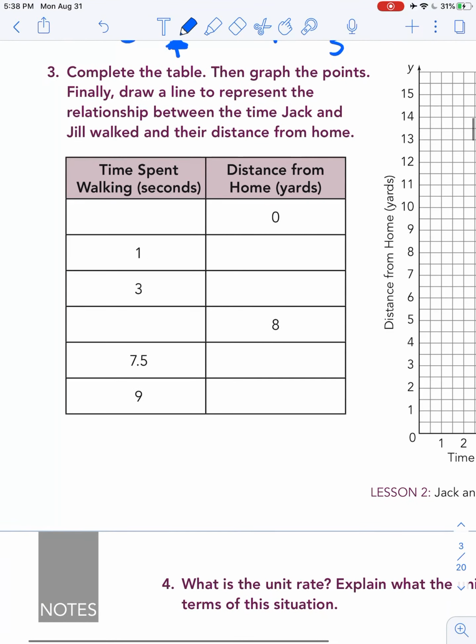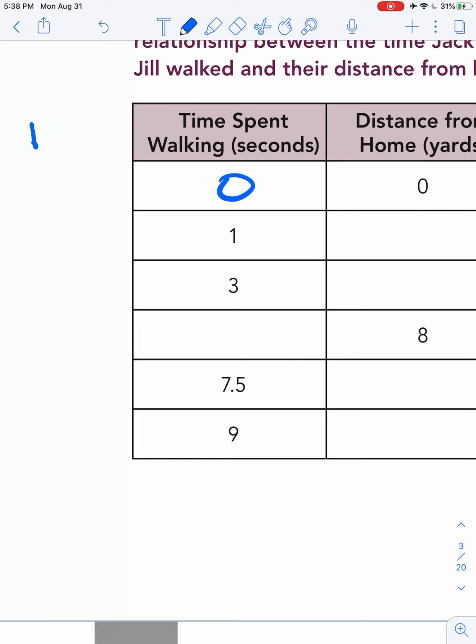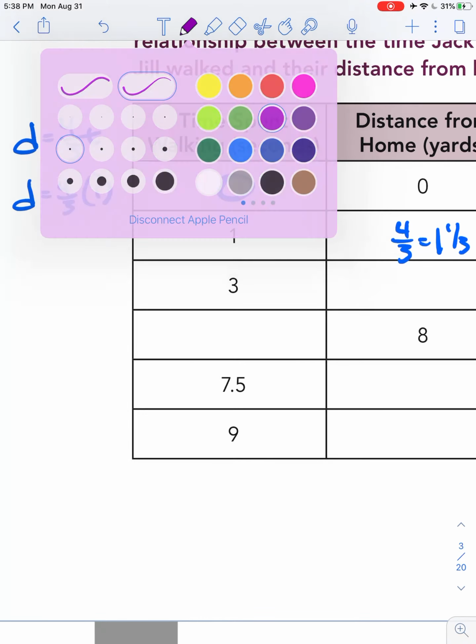Now here, we just said it goes through 0, 0. So now we're going to take the equation we came up with, and we're going to plug in our t values. If I was to replace t with 1, I would get 4/3. Now, you can write it as 1 1/3, but it's a repeating decimal, so you're not going to write 0.3 because that does not actually mean the same thing.